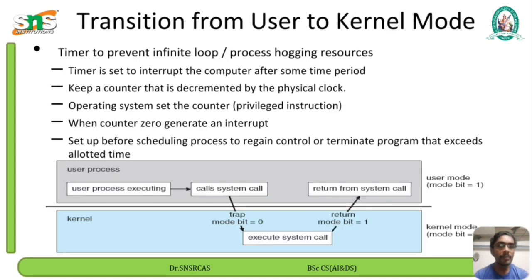And here is a simple diagrammatic representation of how the transition from user to kernel mode happens in the operating system structure. Timer: the timer is used to prevent an infinite loop or a process hogging resources indefinitely. An infinite loop can also be prevented using a timer, and if some task continuously holds some resource indefinitely, the operating system waits for some time and then automatically releases that resource.